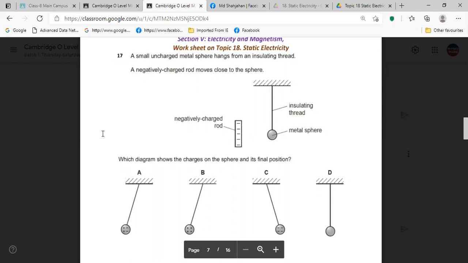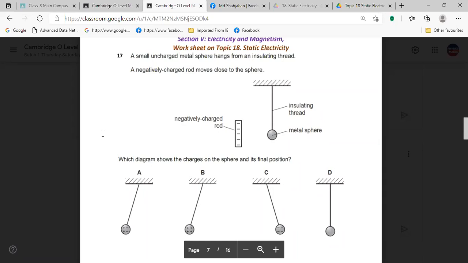Like when we brought one unmagnetized iron bar closer to a bar magnet, that time it was attracted. Why? The iron bar became an induced magnet, right? Yes, sir. The bar magnet's closer end, if it is north, then the iron bar's closer end will be south, the other side will be north, right?